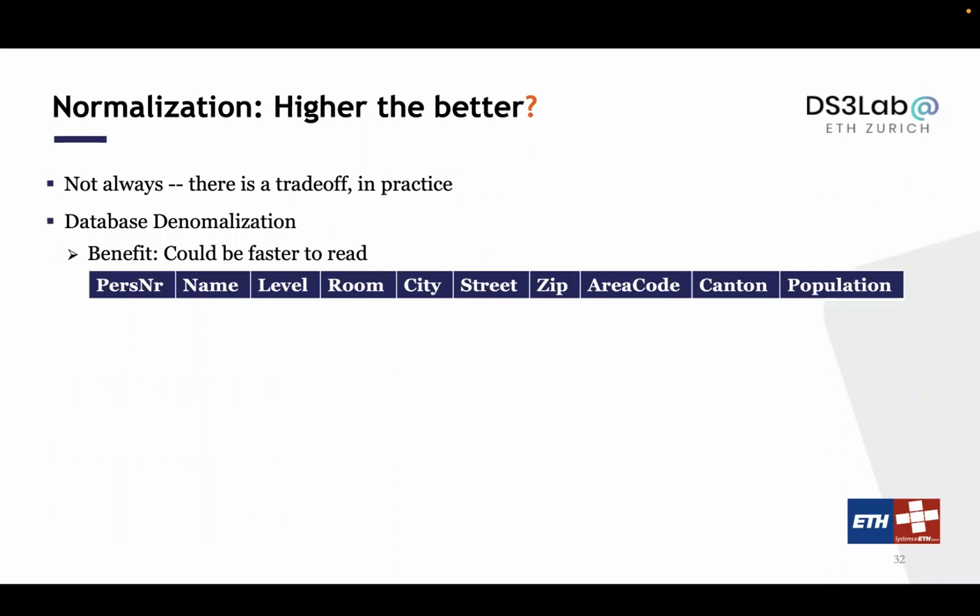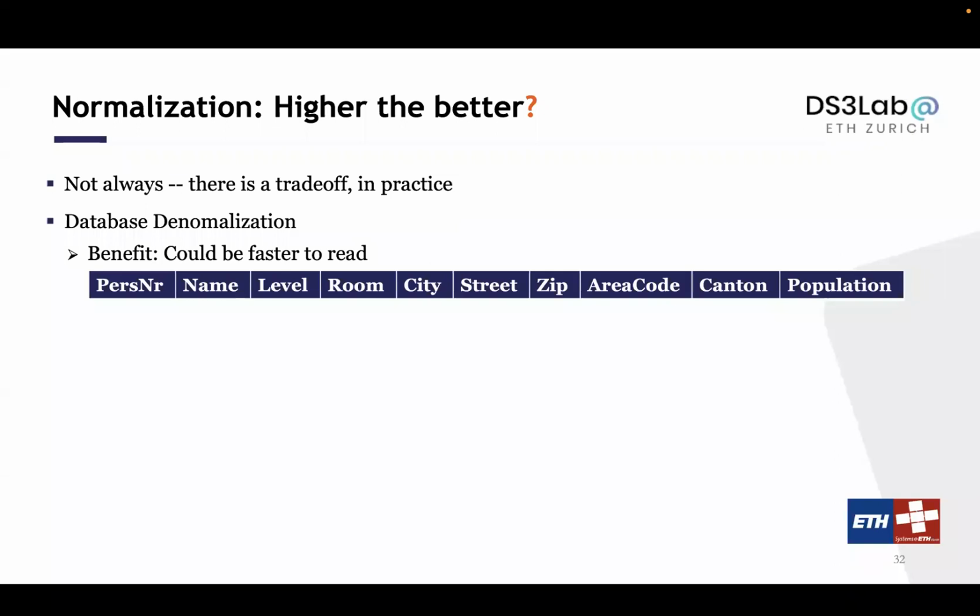It has a whole bunch of data redundancy, but on the other hand, it's also very fast to read, right? Every single time you read a tuple, you get a whole bunch of information there, right? If you separate them into a whole bunch of smaller relations, and your application always uses this big tuple, every single time you fetch information, you need to join those relations together. Very hard to write a query, but also very hard for the system to actually run that for you, right?